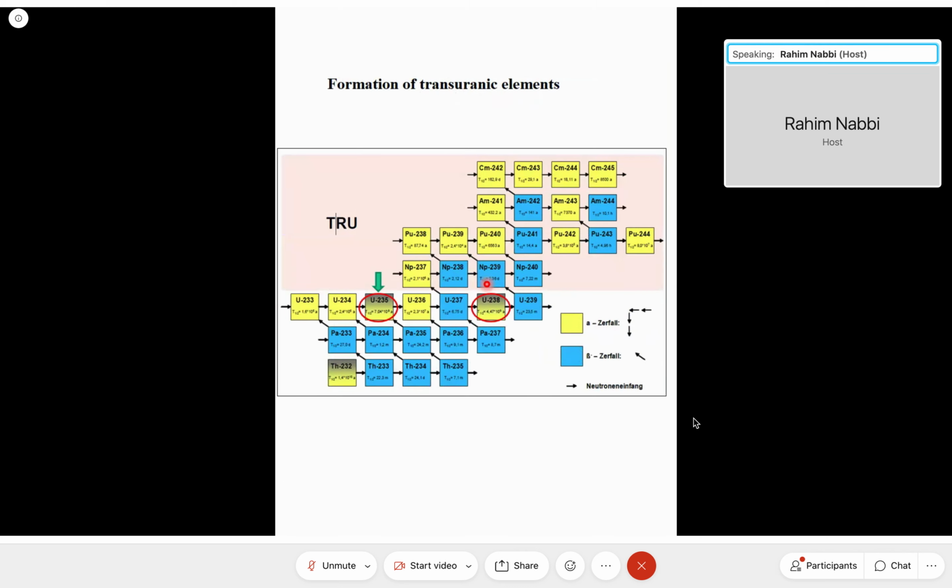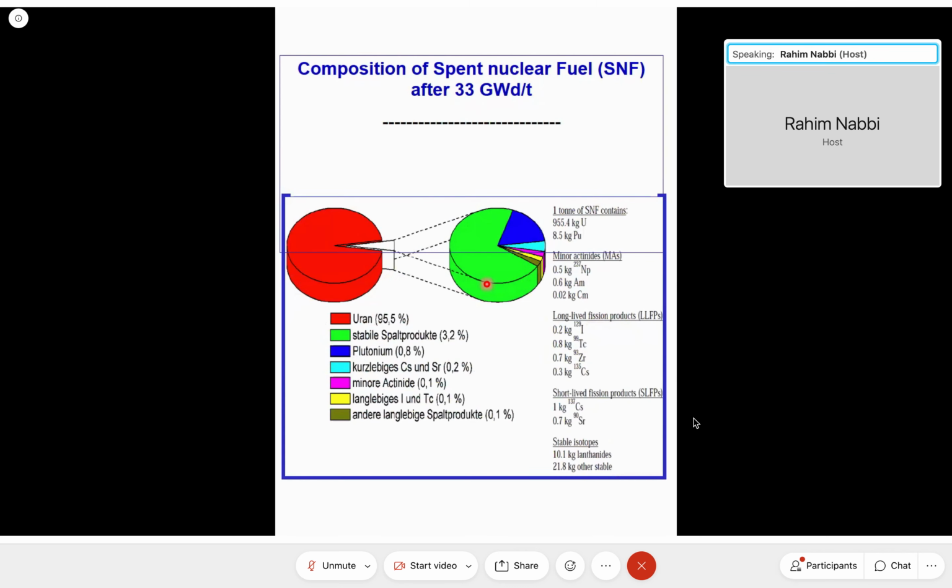Every individual nuclide, radionuclide, has different characteristics, different behavior with respect to decay, with respect to neutrons, with respect to heat production, and so on and so on.